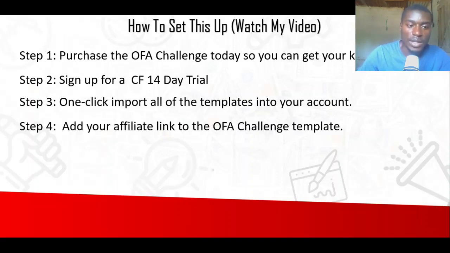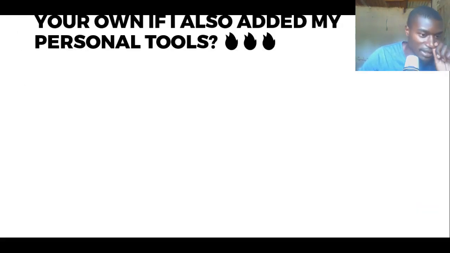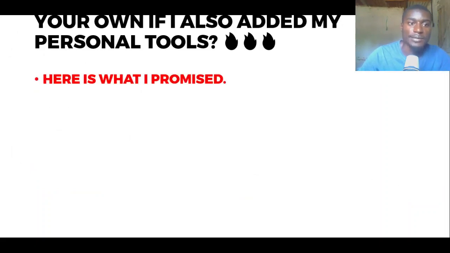I'll show you guys what I'm talking about. Then, for the one funnel away challenge, you can add your affiliate link to the challenge template, and you'll be able to get commission for that. So all you need to do is go into these groups like we talked about, and go ahead and start those conversations.